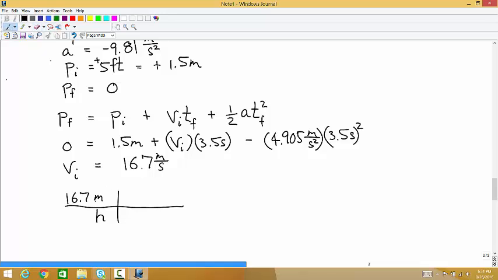Meters. 1 times 10 to the minus third meters is 1 millimeter. Stupid mouth and brain not paying attention to each other. 16.7 meters per second. Any objections to that?